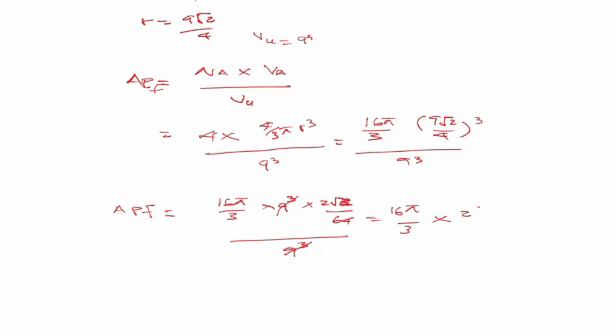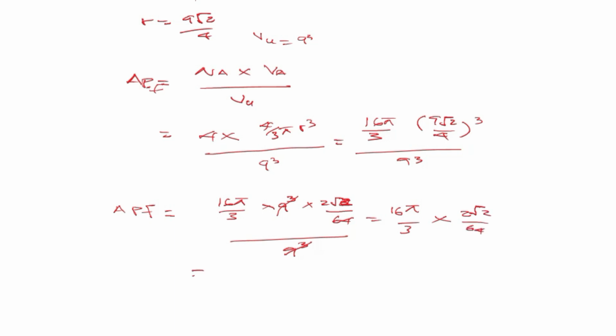You have to be very careful whenever you are calculating, because in mathematics, when you make a mistake, your calculation will be totally wrong. So therefore we are having 16 pi over 3 multiplied by 2 root 2 over 64.